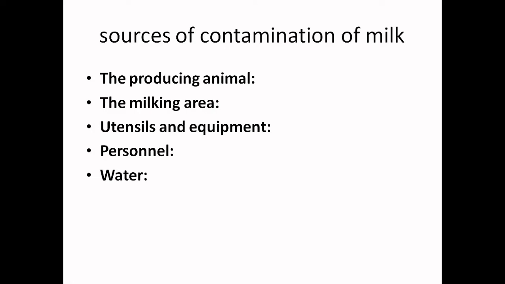Using a milking machine, with its regular cleaning and sanitization, reduces the contamination from these sources. Unless the producing animal is clean and her flanks, udders, and teats are given special sanitary care just before milking, her body can be a source of considerable contamination.